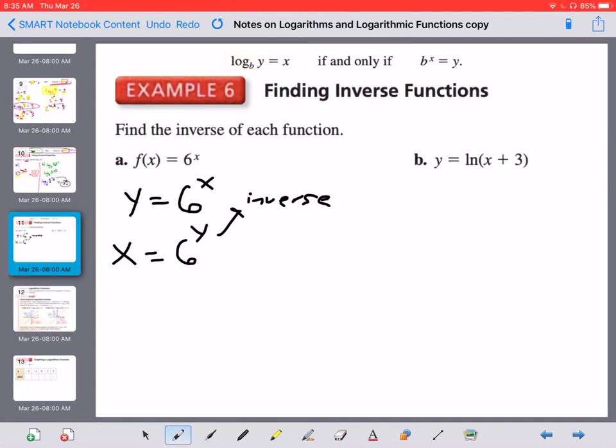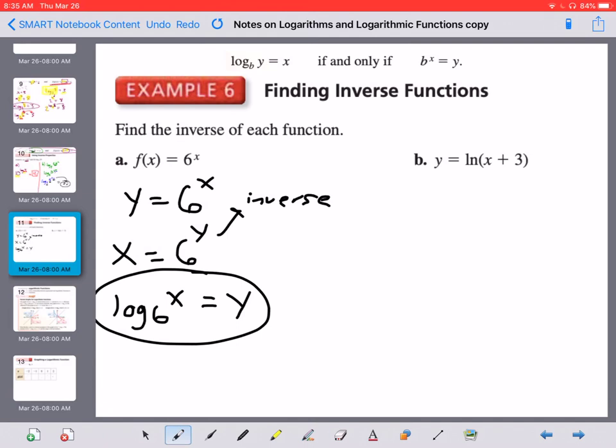Well, how do I rewrite this? Log base 6 of x equals y. There's our inverse. And we've already gone over how 6 to the x and log 6 of x are inverses of one another. We literally just went over that on the previous page. But this is it.